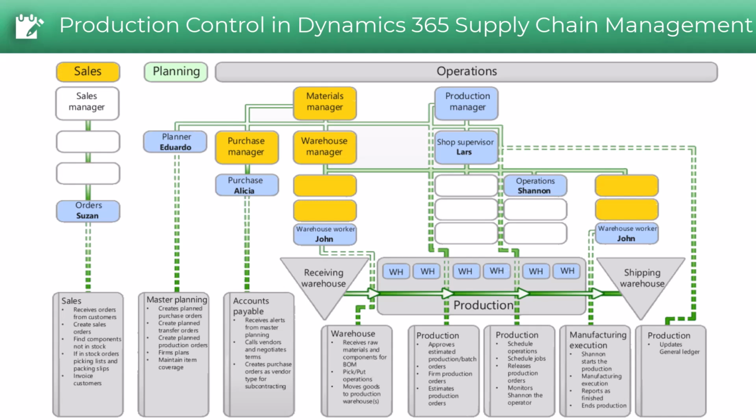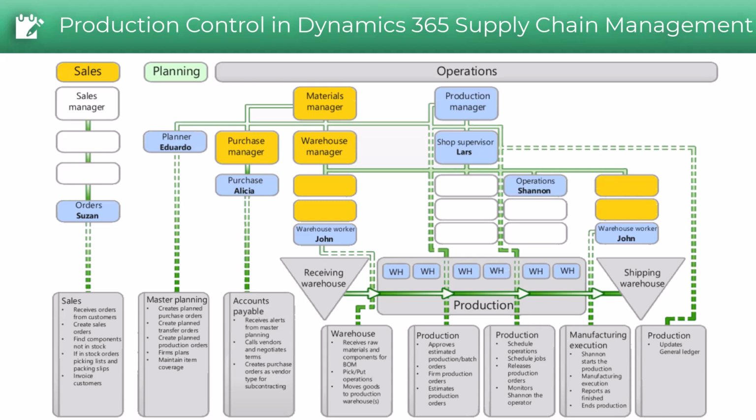Susan, our sales order clerk, receives the customer orders. If a customer orders 50 cars or 100 cars, she creates the sales order in the system. If components are not available, she alerts the planning team, and if the ordered item is already in stock, then she creates the picking list, packing slip and then customer invoices.